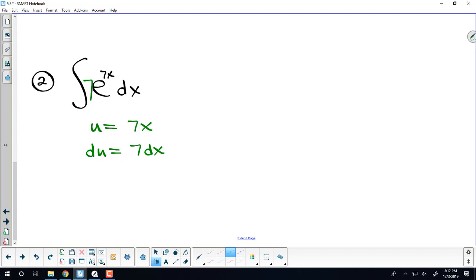Then I can do that as long as I multiply by 1/7 as well. Does everybody agree with that? Because all I'm doing is multiplying this thing by 1. And then I can stop right there and say, well, here's 7 dx. 7 dx is my du.